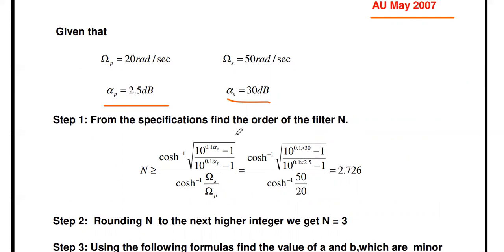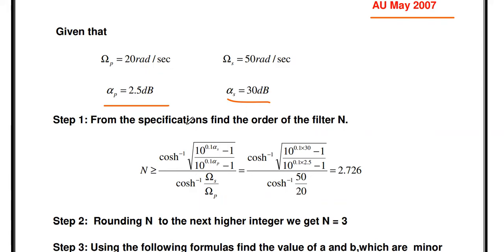Okay, so this is the important and foremost step. If you reverse alpha s and alpha p, the answer will be wrong. So the n formula is important in order to solve this problem.